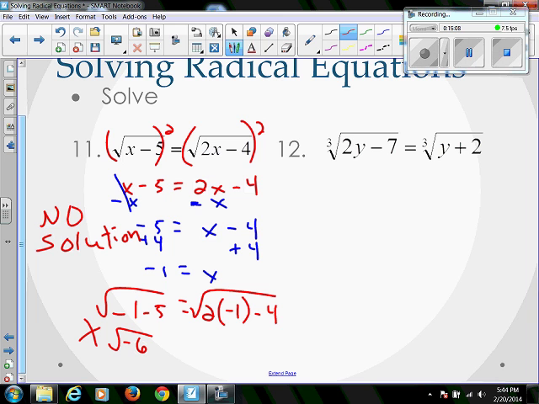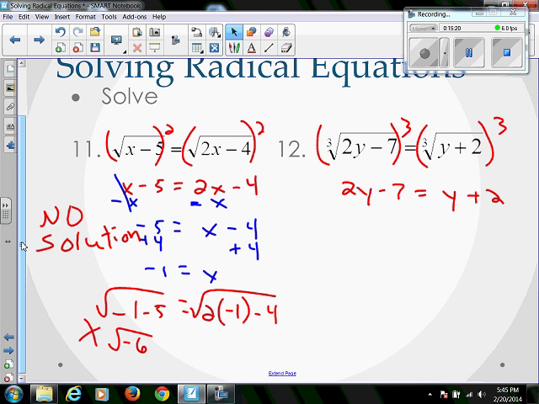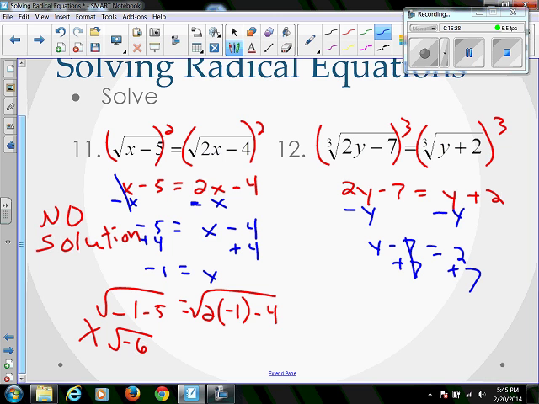So all we do is cube both sides. We have 2y minus 7 equals y plus 2. Now let's solve for y. We have y minus 7 equals positive 2. Add 7. And I get y equals 9. We're going to make sure we check again. Substitute in 9 for our y.